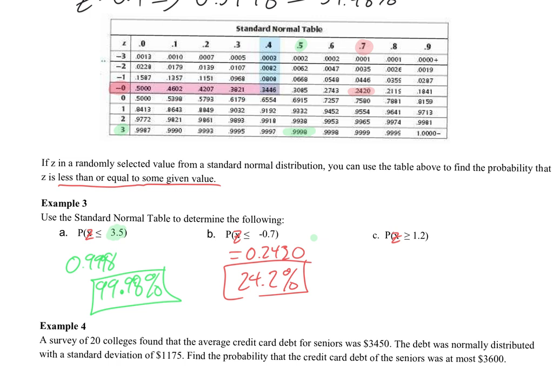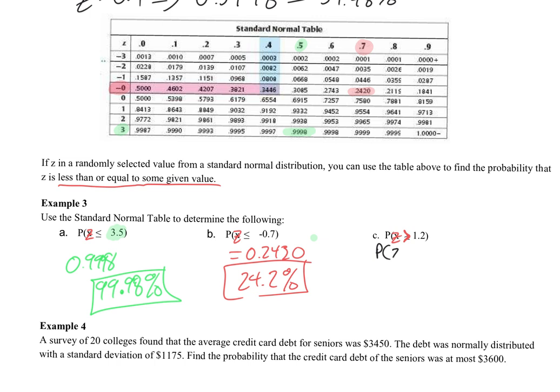All right, now this one's a little bit funky because this one says that z is greater than or equal to 1.2. And that's going to be a little bit tricky. What I'm going to say instead, let's just say it's greater than 1.2. Let's think of it like this.